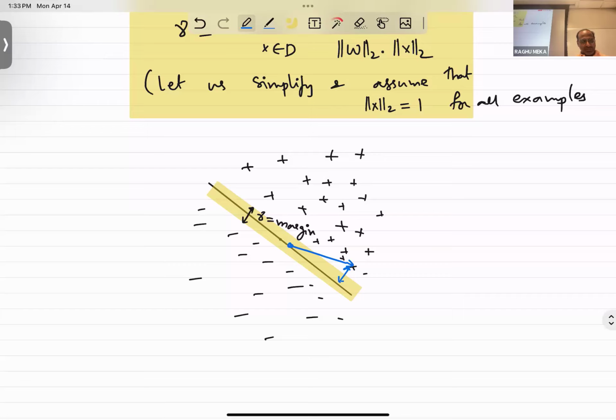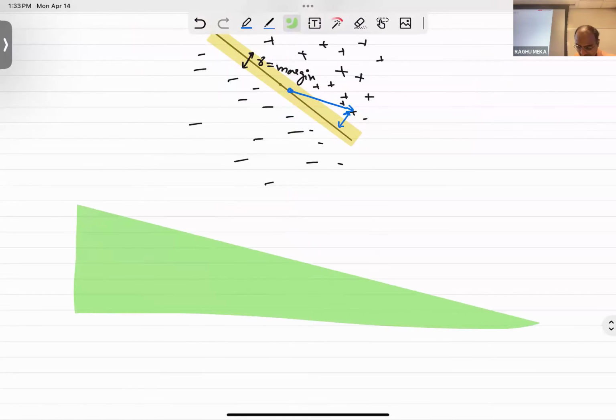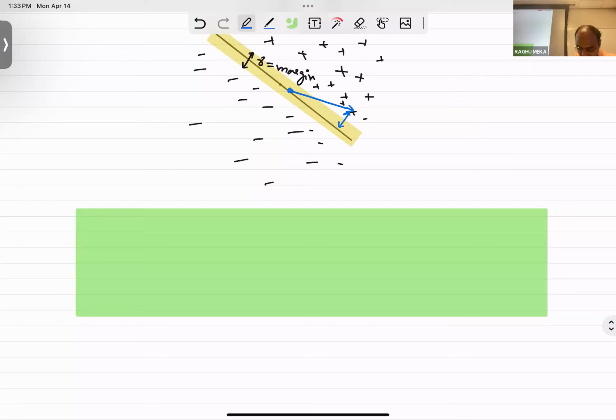All right. So we have this definition of margin, and so let's say, without loss of generality, let's make two simplifying assumptions.